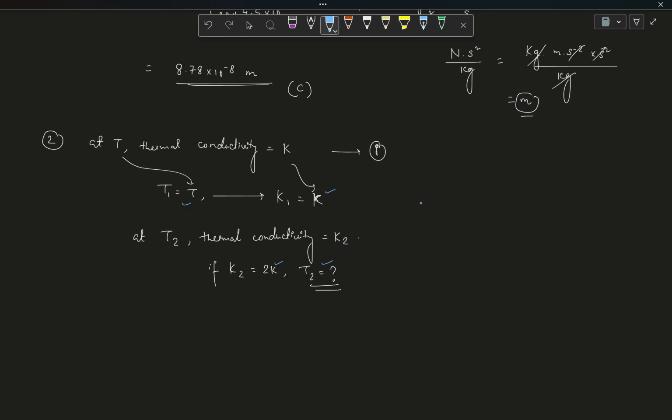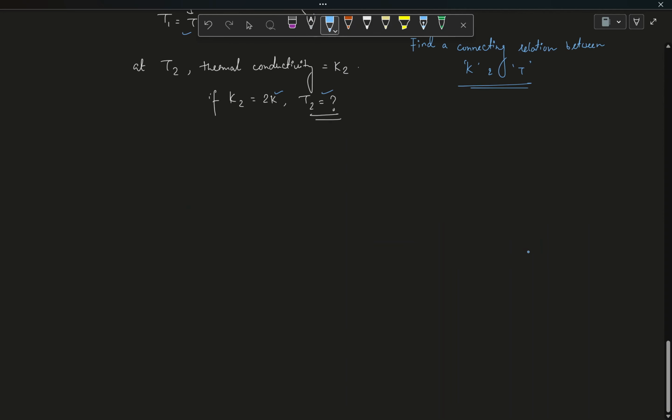So we have to find a connecting relation between K and T. This will be our first goal.